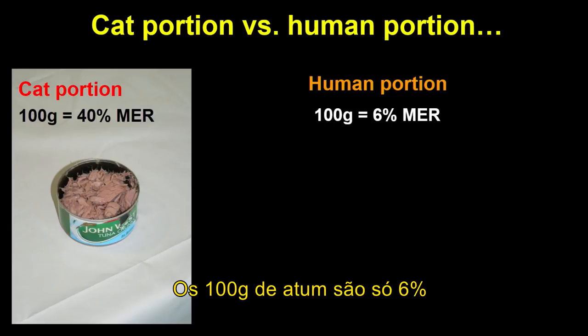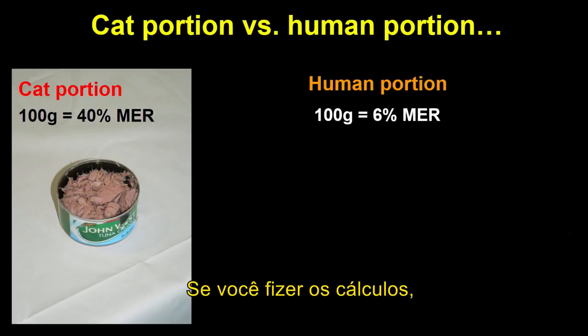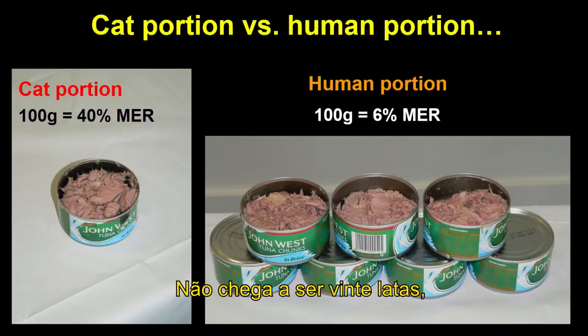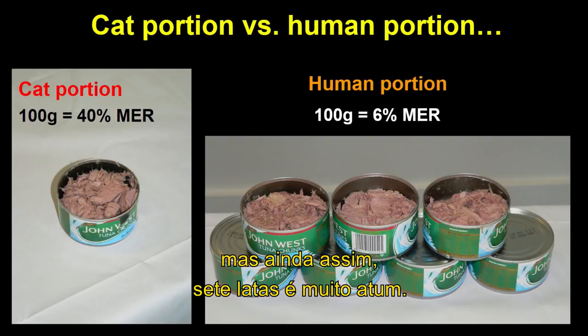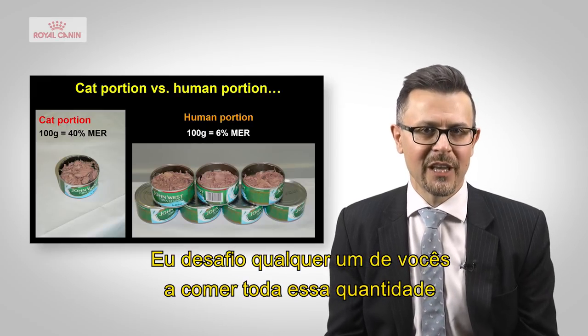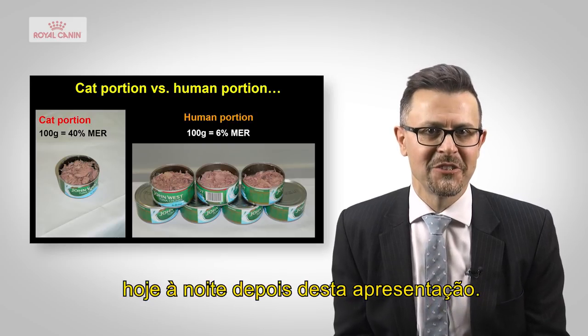For a person, 100 grams of tuna is actually only 6% of maintenance energy requirements. So if you do your maths, the true answer there was 7 tins. Not as much as 20 tins, but still, 7 tins is a lot of tuna. And I would challenge any of you out there to consume that amount tonight after this presentation.